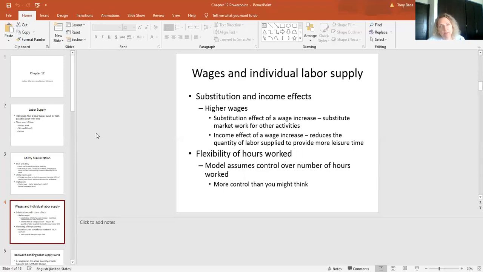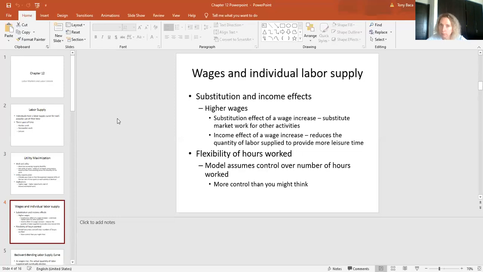What this says is if you imagine a supply curve upward sloping, as the wages go up, you give more hours, right? Price and quantity move in the same direction with an upward sloping supply curve. What this would suggest is the substitution effect of a wage increase, which means that as you get higher and higher wages, you will substitute in market work and substitute out those other two activities, leisure and non-market work.